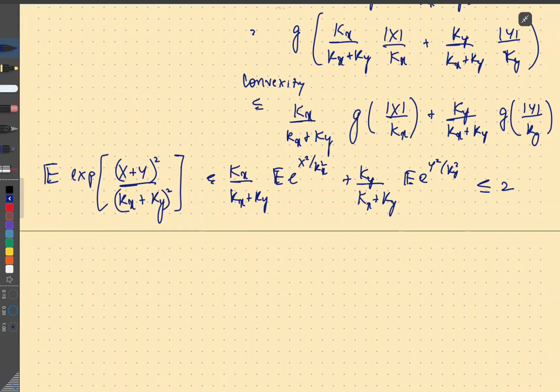So therefore, the Subgaussian norm of x plus y is less than or equal to kx plus ky.